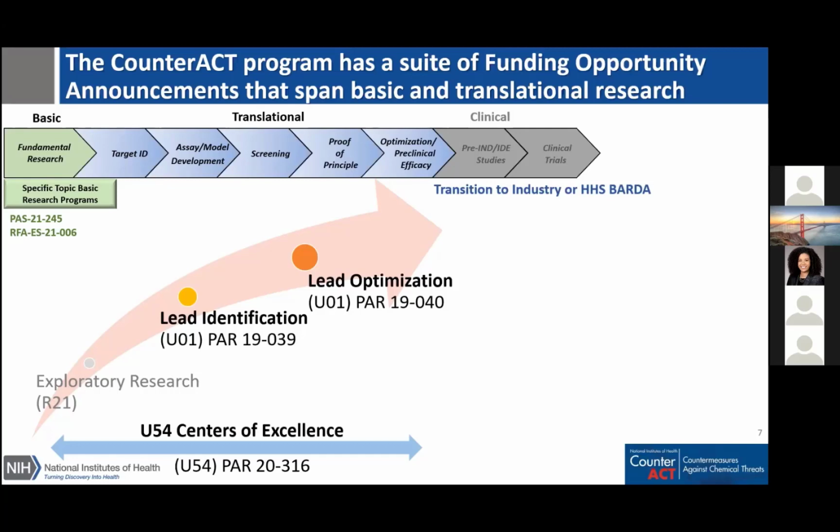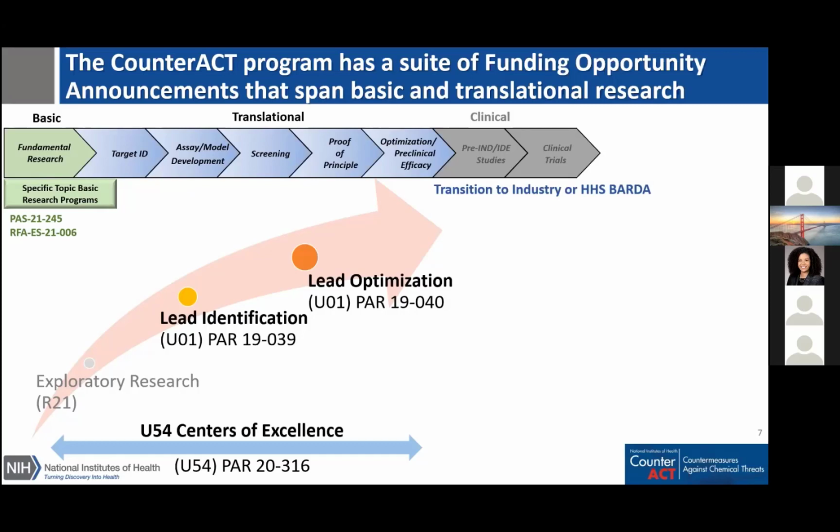If you have already identified a lead compound, then you should apply to the lead optimization FOA, where you will conduct the needed preclinical activities to prepare you for transitioning to non-NIH funding and advanced development, such as with an industry partner or the Biomedical Advanced Research and Development Authority, or BARDA, both of which are beyond the scope of the CounterACT program.